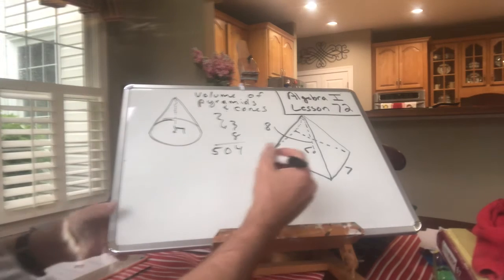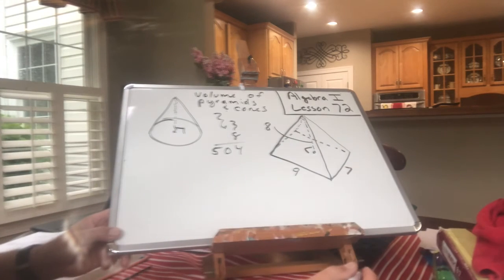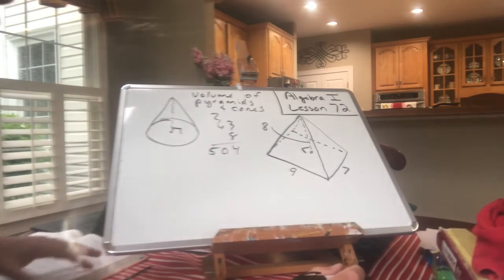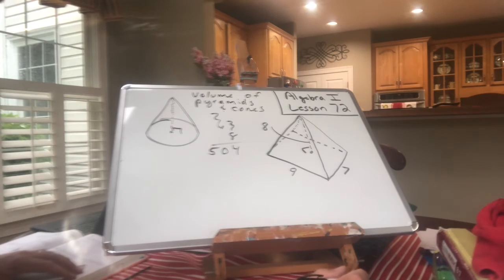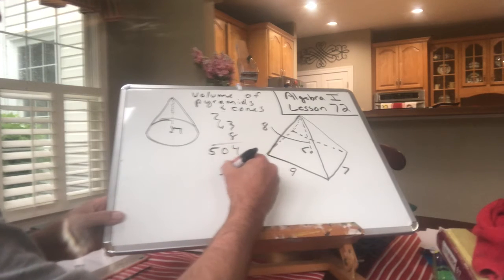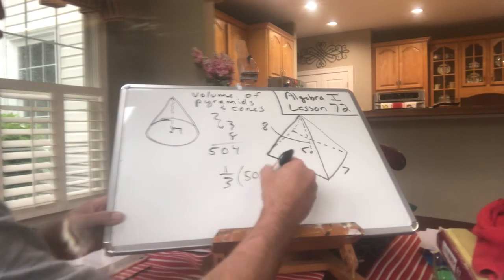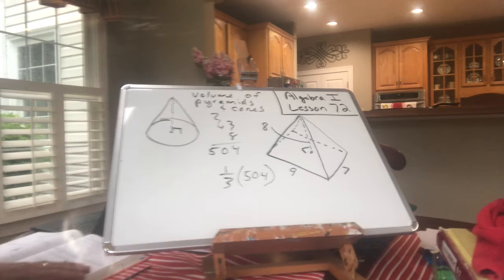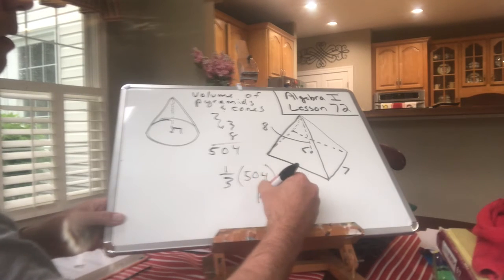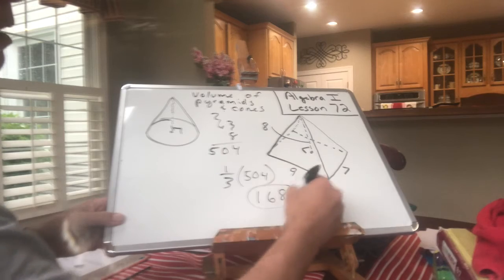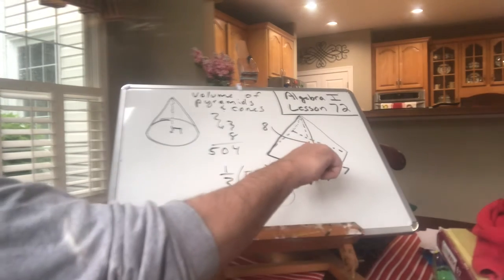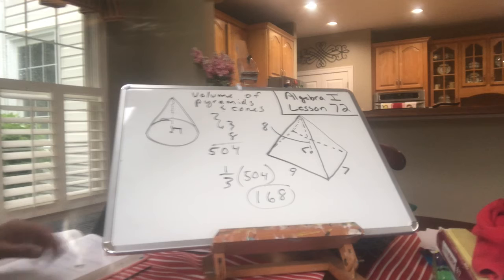So the volume of a pyramid is 1/3 of that. We want 1/3 of 504, right? 1/3 of 504 comes out to be 168. 168 is the volume of this pyramid right here, okay?